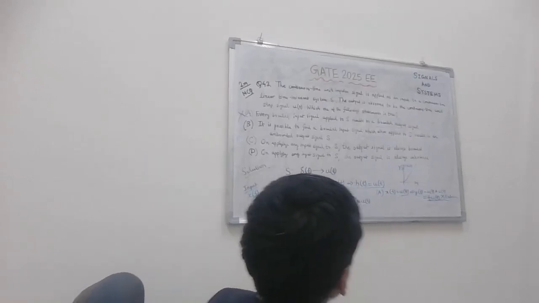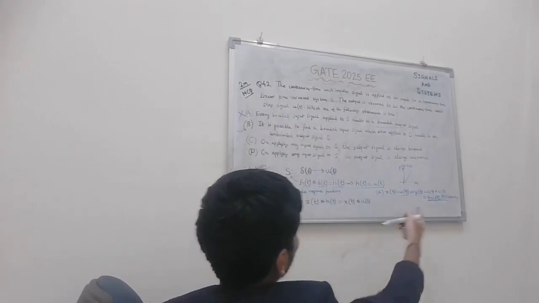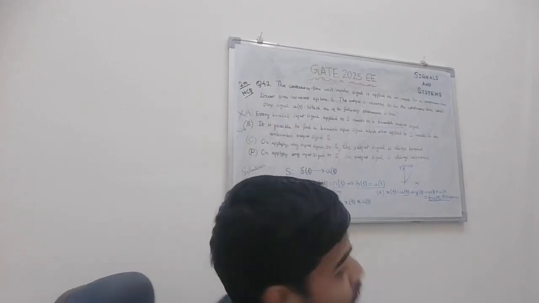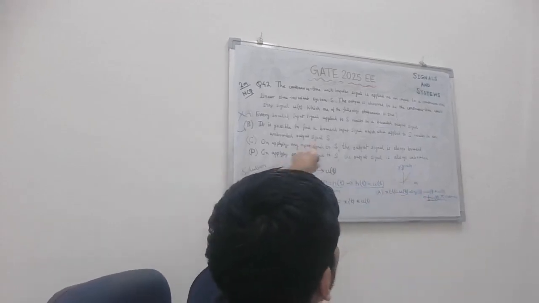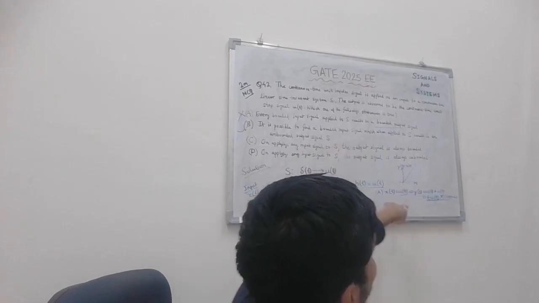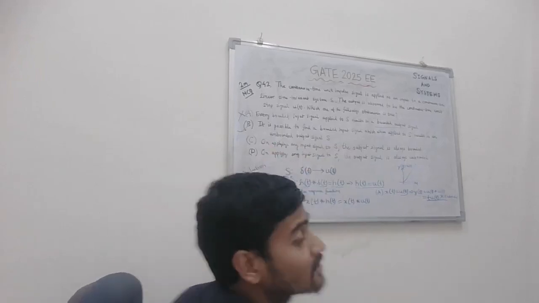So option B is satisfied and option A is not satisfied. We find the output t u of t to be unbounded when the bounded unit step signal is applied. So option B is correct.